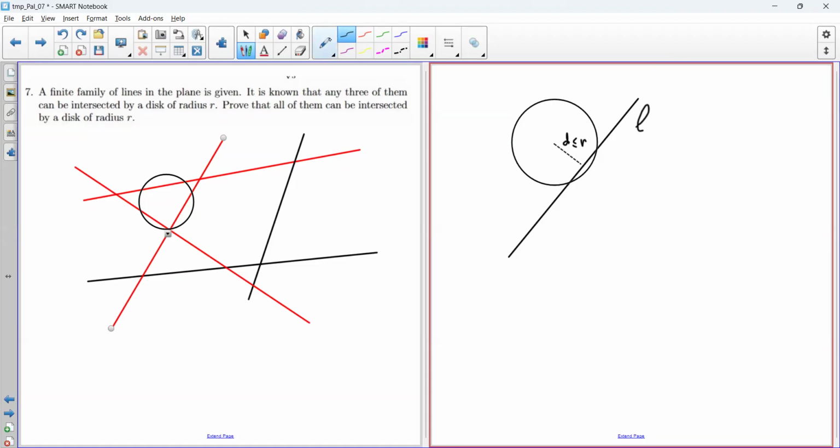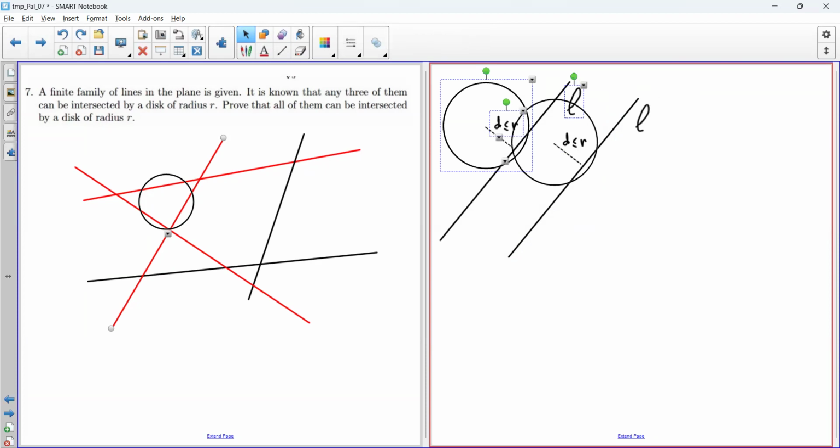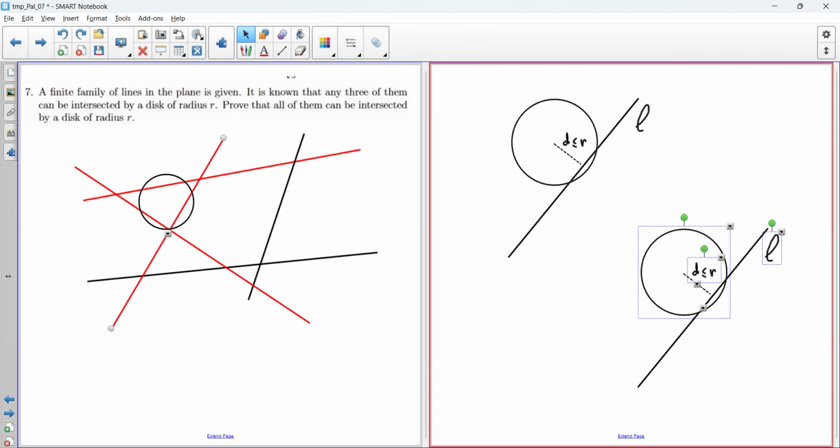But then we can reformulate this. We take absolutely the same situation, but now we'll be considering some different property of it.